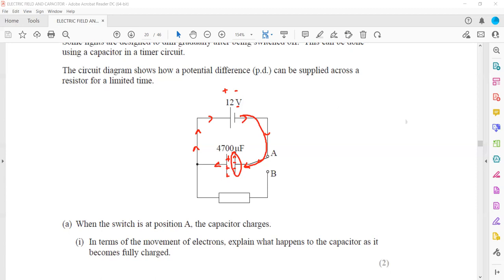So as the capacitor charges, the rate of flow of electrons decreases. And when the capacitor is fully charged, the voltage across the capacitor is the same as the voltage of the supply. Like if we have a 12 volt supply, this will also be 12 volt.